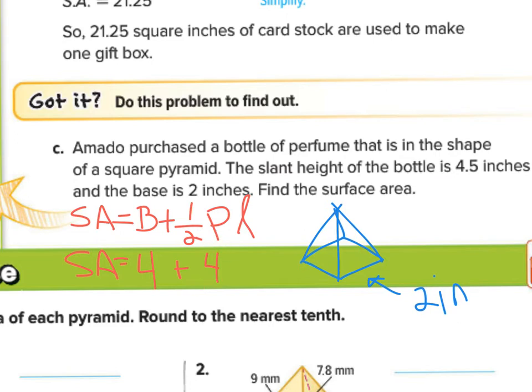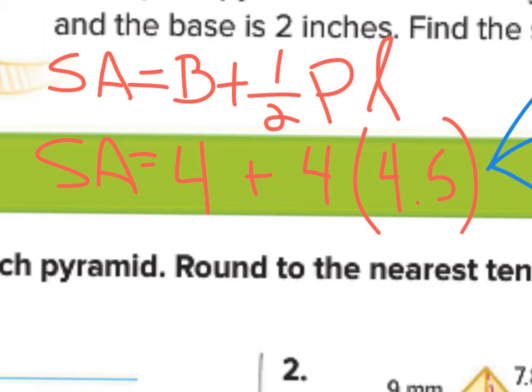Times the height, and they said the height is 4.5. You see that? The slant height. So it would be times 4.5. Now we follow order of operations, which means we have to multiply before we add. So let's multiply 4 times 4.5. Now 4 times 4 is 16, and 4 times a half is half of 4, which is 2.